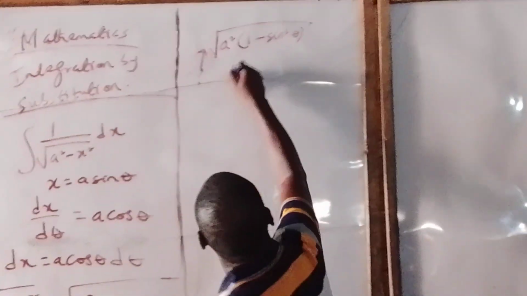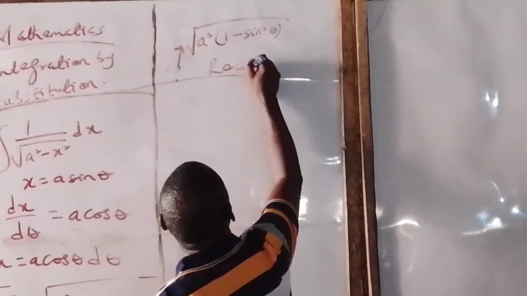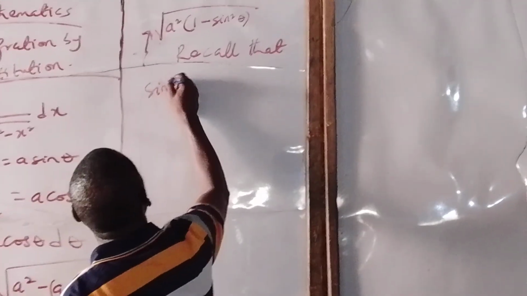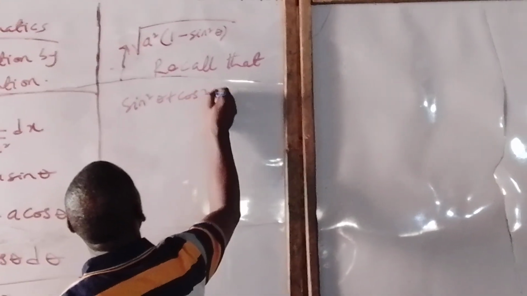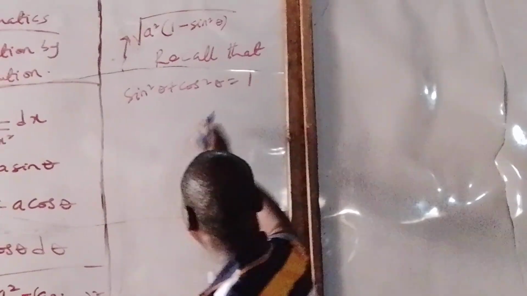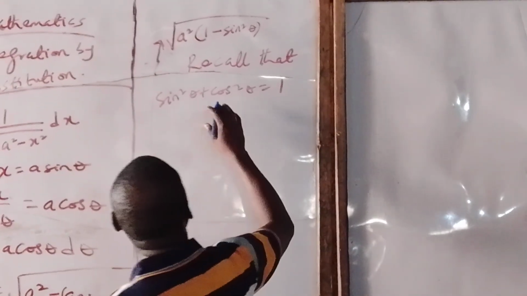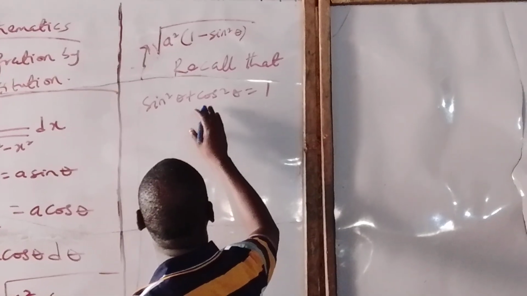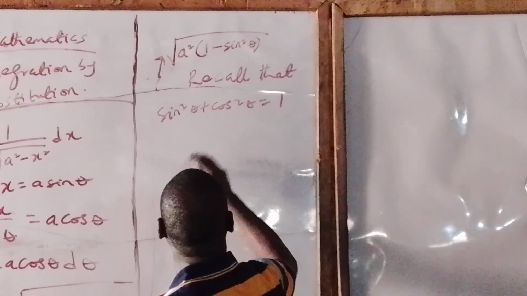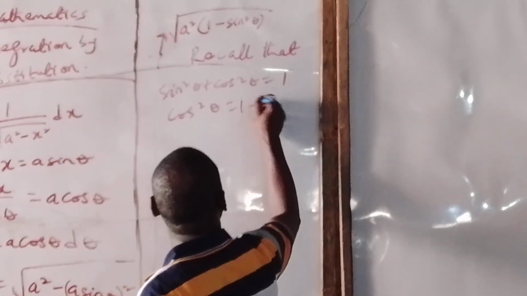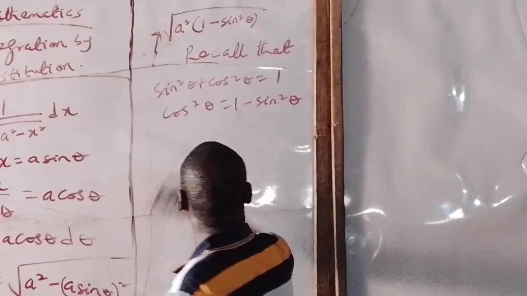Now, recall from the Pythagorean identity that sine squared theta plus cos squared theta is equal to 1. That is an identity, and it holds for any angle. If I make 1 minus sine squared theta the subject of the formula, that means cos squared theta is equal to 1 minus sine squared theta.